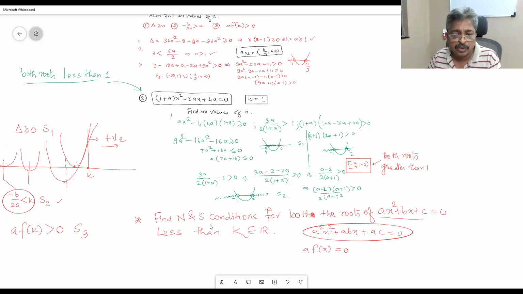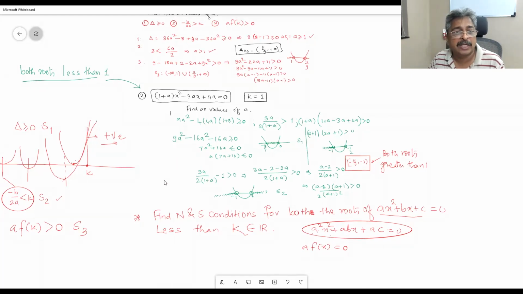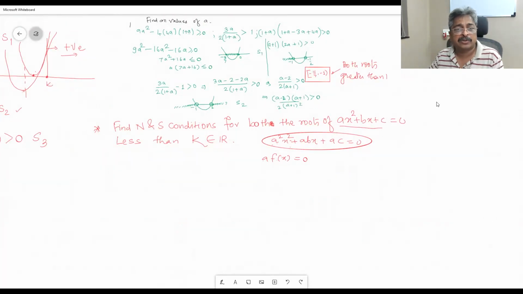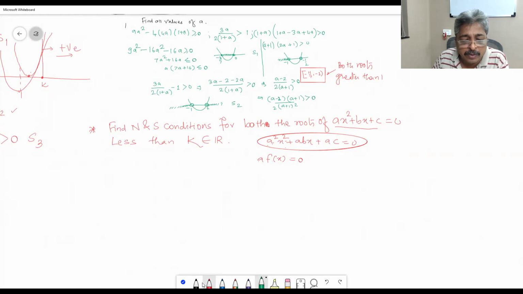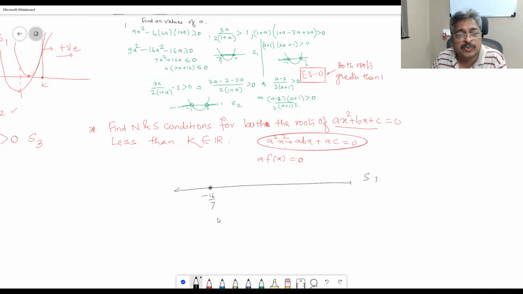So S2 will be all points in between here. Let me draw S1 again, a little bigger. Let me draw S2 a little bigger. Now minus 16 upon 7 is less than minus 1.